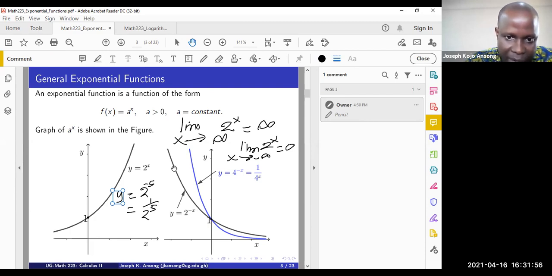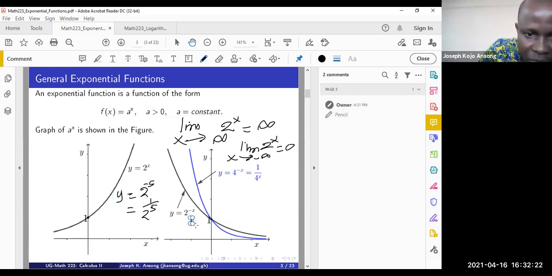So these are bigger positive y's that are getting bigger as I'm going towards negative infinity. And as I'm going towards positive infinity, as x is increasing, this becomes smaller, because this is the same as 1 over 2 raised to the power x.